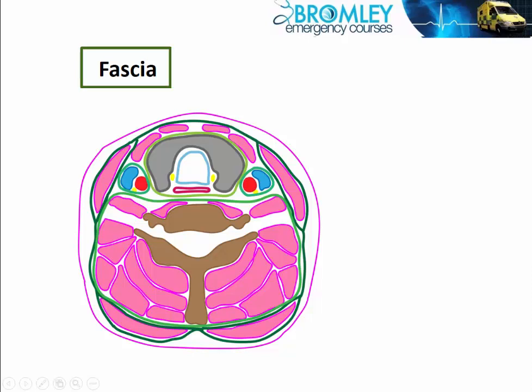Now this is all layers of what's known as deep fascia. First of all, we've got what's known as the deep investing fascia. This is a thick layer of fascia that lies just underneath the skin, right round the neck. It splits in two areas on each side, one to enclose the sternomastoid and the other to enclose the trapezius muscle at the back.